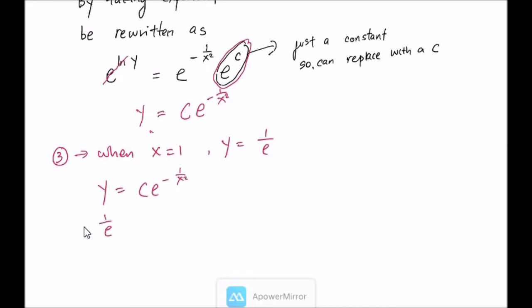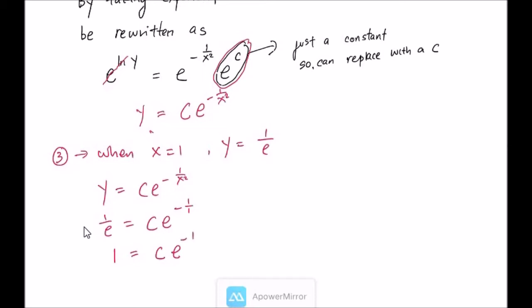We replace the value of y and the value of x. So 1 over e equals c times e to the power of -1.